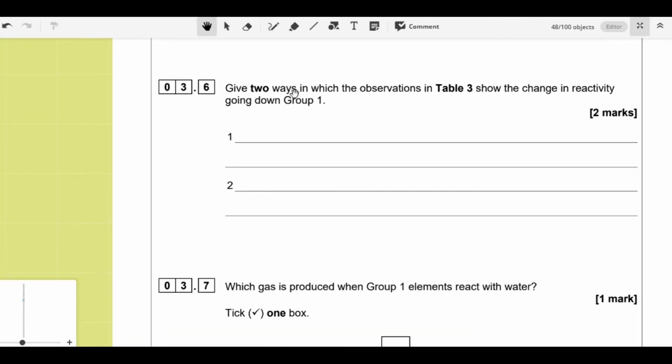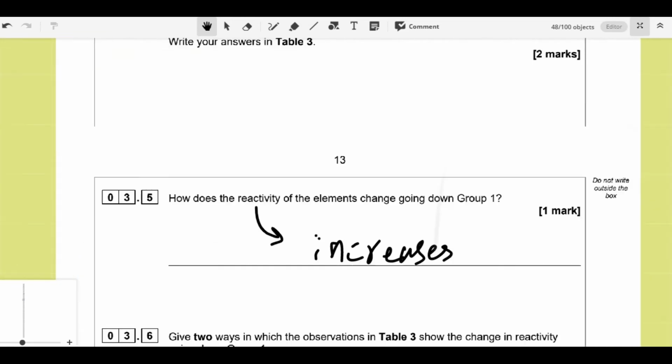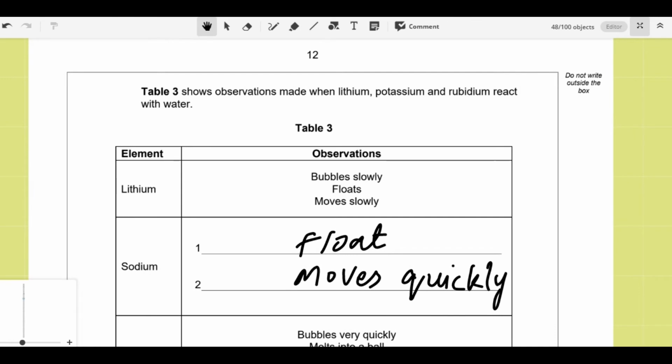Next, give two ways in which the observations in table 3 show the change in reactivity going down group 1. Here you need to write any two ways. The first one, you can see in the observations that the bubbles show an increasing rate of bubble production.